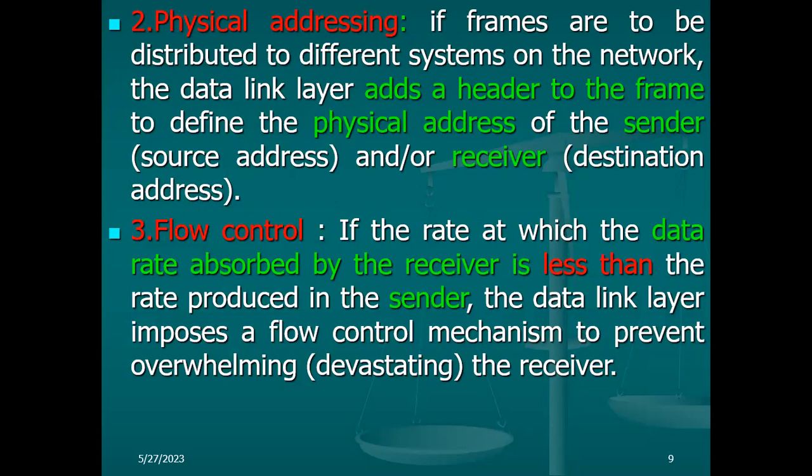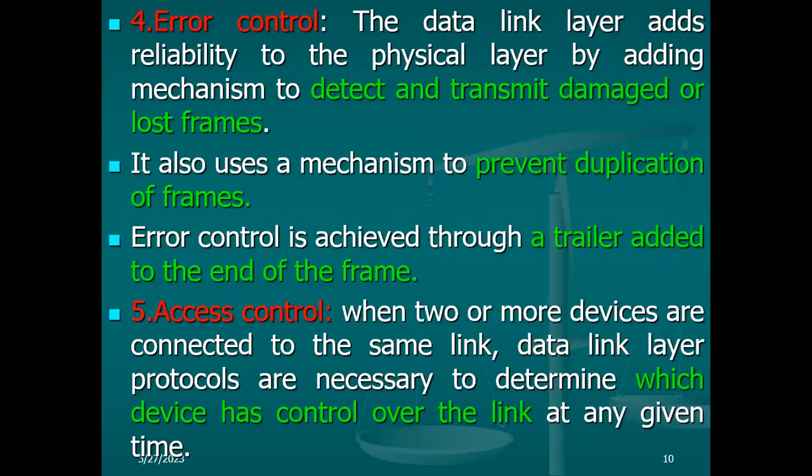Flow control is nothing but synchronizing the speed of the sender and the receiver. Then error control is nothing but controlling errors by detecting the loss of information or duplicate frames and correcting them. The final function is access control, which determines which device needs to transmit the data over the network.